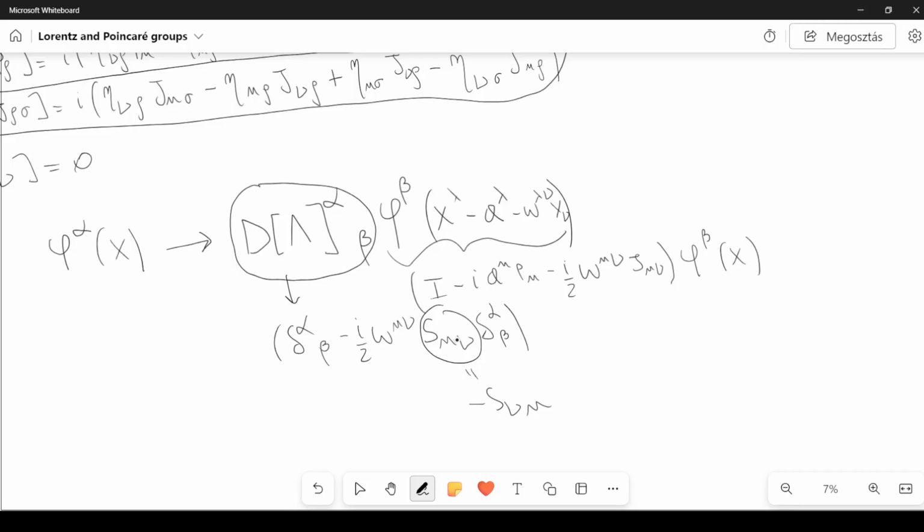If you have a vector field, since here you have lambda alpha beta, you would have a basis of matrices representing boosts and rotations. But that is not the only possible representation, because spinors, for example, would have a different representation.